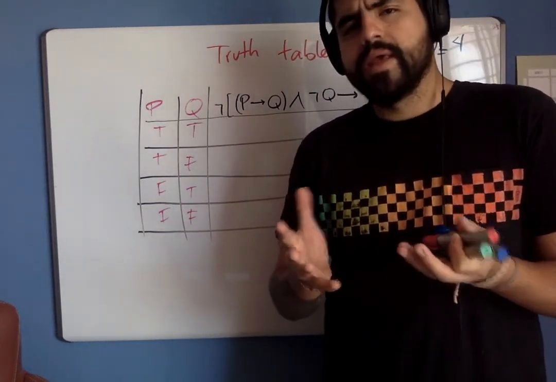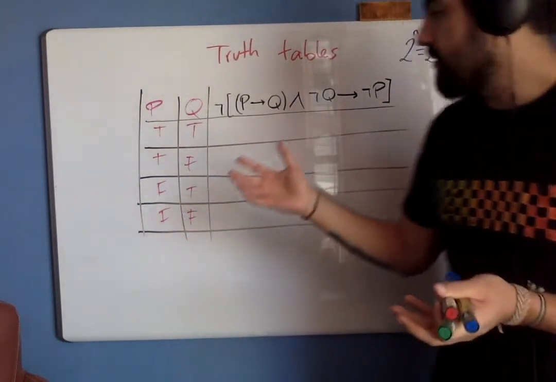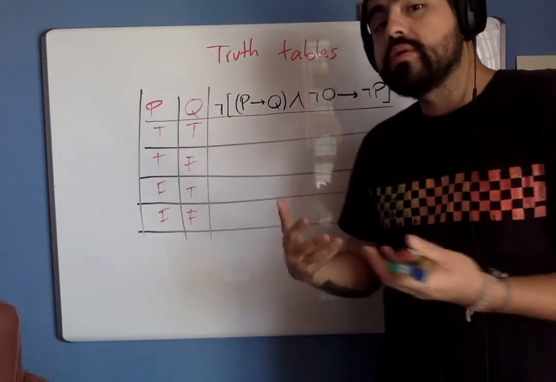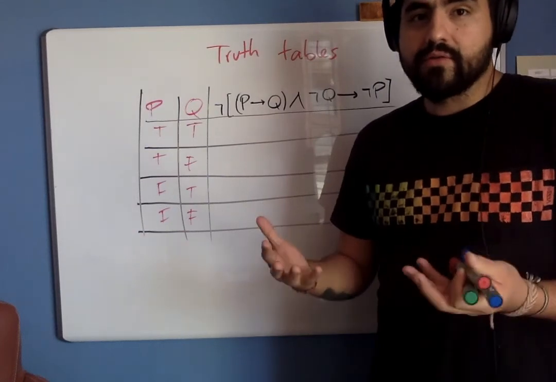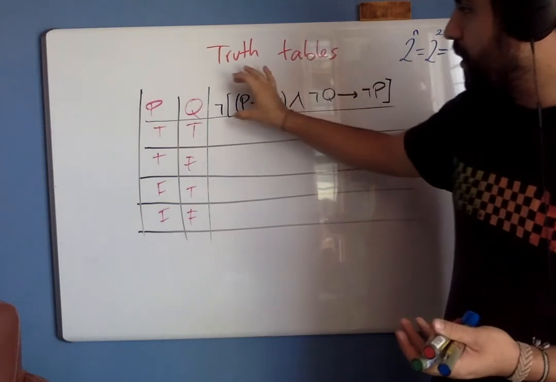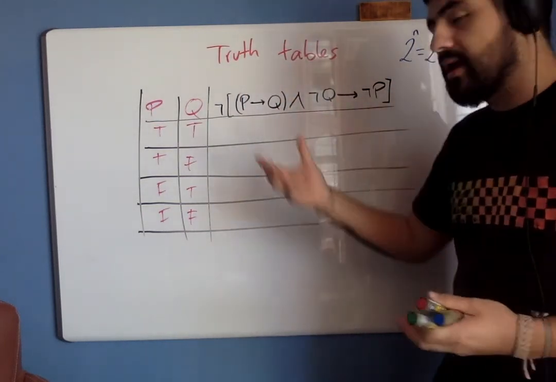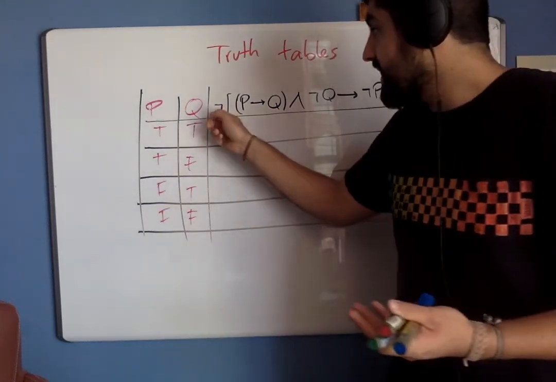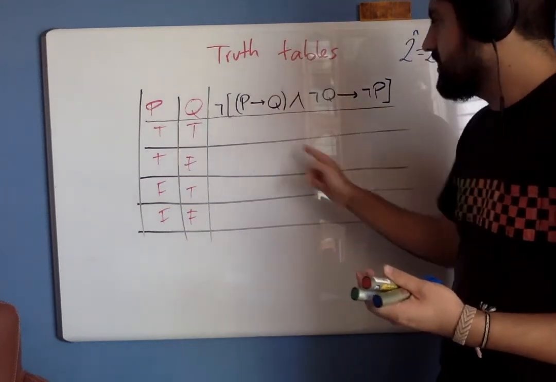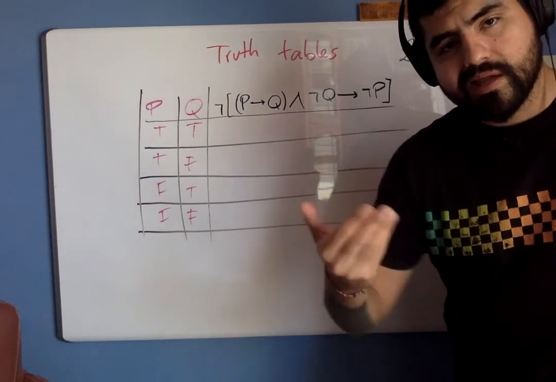But in this case, because of how the expression is built, the negation is going to be the most important logical connective. Why? Because this negation is affecting everything contained in the brackets. Since this is the last thing that is affecting the whole expression contained in this bracket, it is going to be the most dominant logical connective.